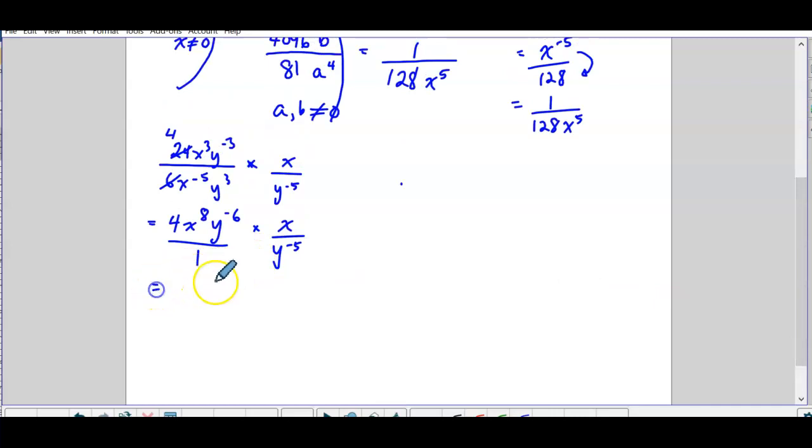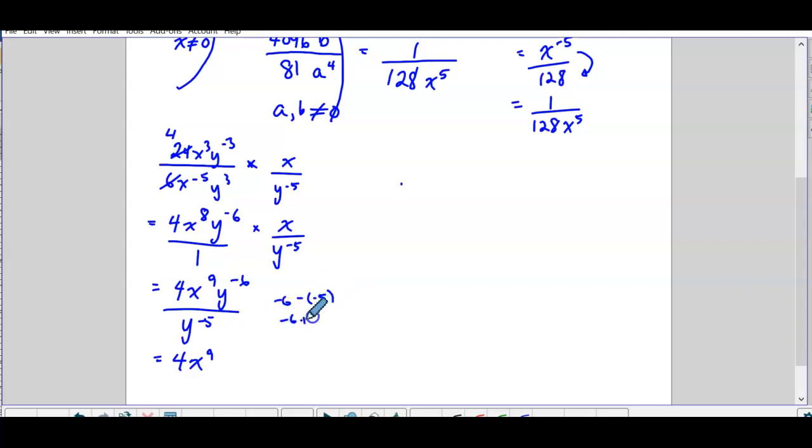Now, you can multiply through and then simplify, or simplify the y's first. I'll maybe multiply through, so 4x to the 9, y to the negative 6, over y to the negative 5. So now, nothing to simplify with the 4 or the x. For dividing these powers, negative 6 minus negative 5, that's like adding 5.